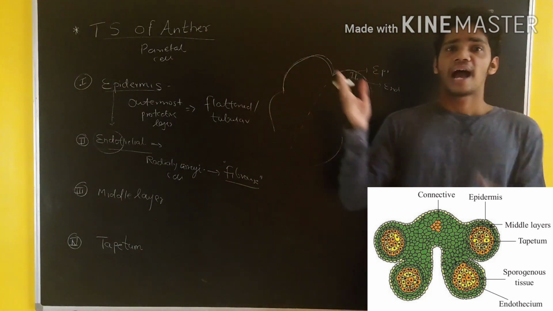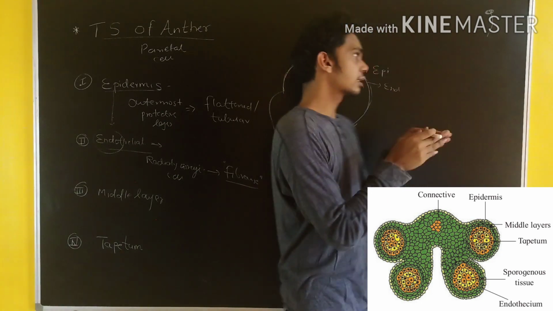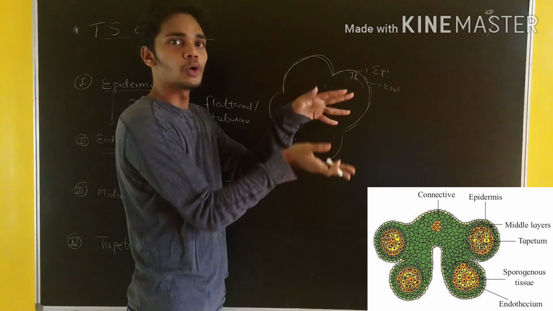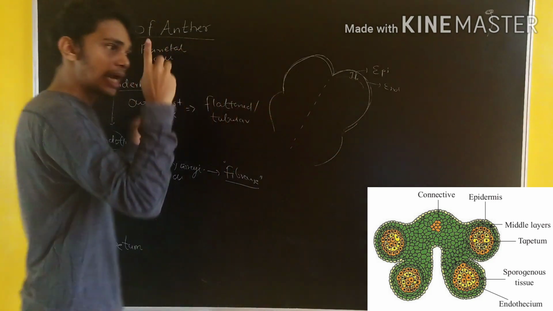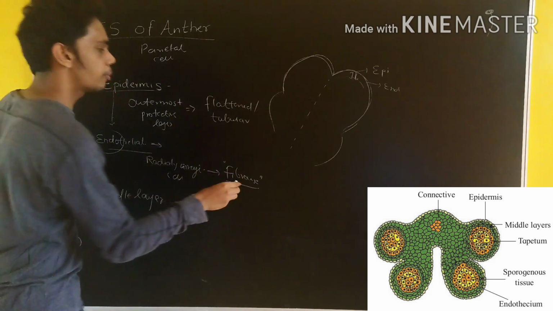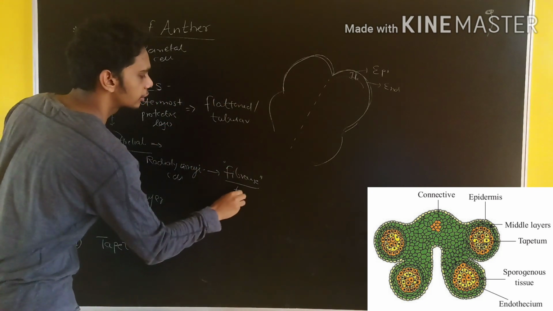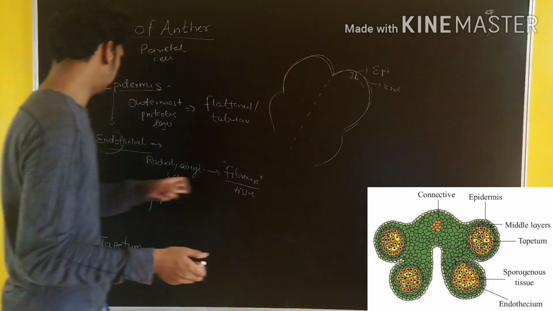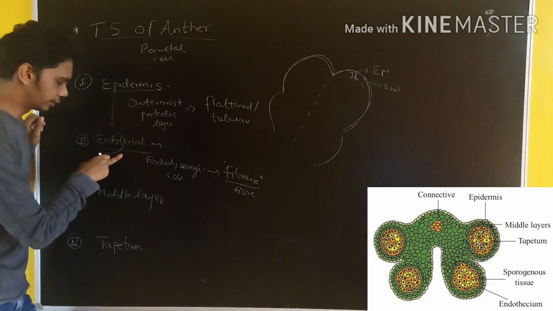See, I have told that after maturity, this anther undergoes the dehiscence process, that is, breaking open takes place. In that process of breaking open, the most important role is played by this fibrous tissue, because it actually helps to break open. So that's why the endothelial layer is so important.